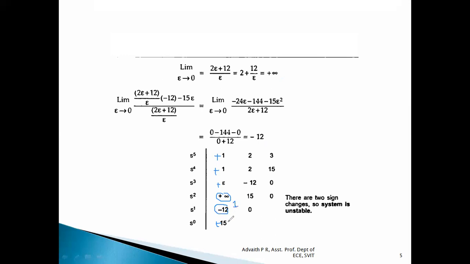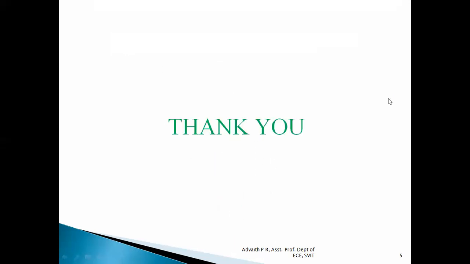From minus 12 to plus 15, there is one more sign change. So because there are two sign changes here, the system is said to be an unstable system. Even if there is one sign change, the system is said to be unstable.